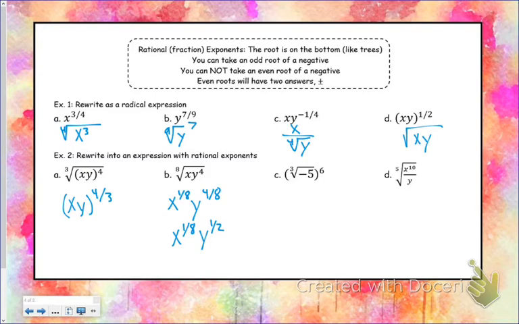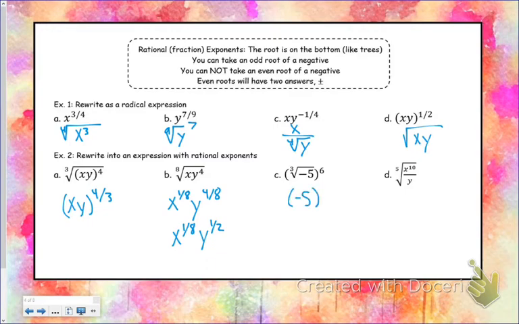All right, on C, this is the cube root of negative 5. Now, if you remember, we can't do the square root of negative 5 because there are not any two real numbers that can multiply to give us that negative. But if it's an odd root of a negative, that actually does work because if you multiply a negative times a negative times a negative, that is going to give you a negative. Okay, so the cube root of negative 5 does actually exist.